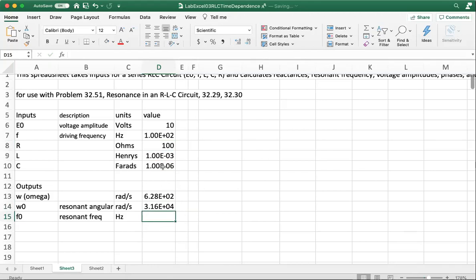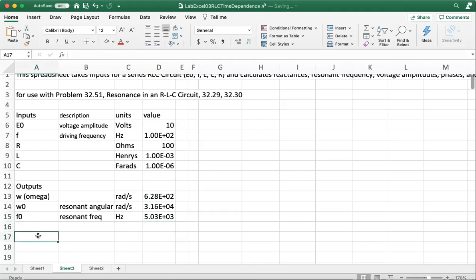And then our resonant frequency is just the angular frequency, and then divide out the 2 pi. All right. So around 5,000 hertz, that's going to be the resonance.